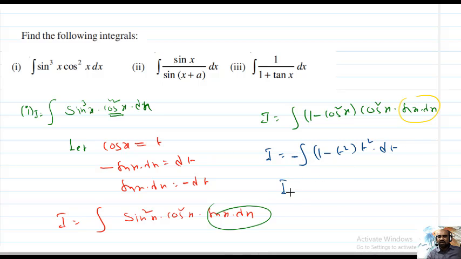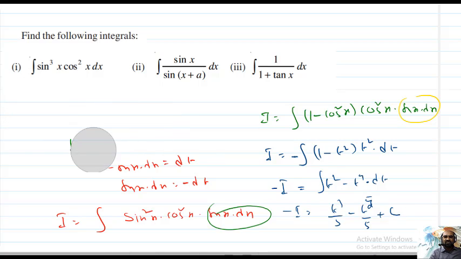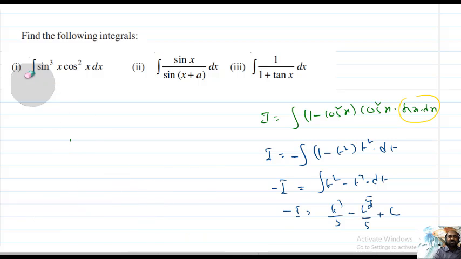So what is this then? Minus I equals integral of t square minus t power 4 with respect to t. So minus I equals t cube by 3 minus t power 5 by 5 plus c. Now I want to finalize it. So I equals t power 5 by 5 minus t cube by 3 minus c, you will get actually.